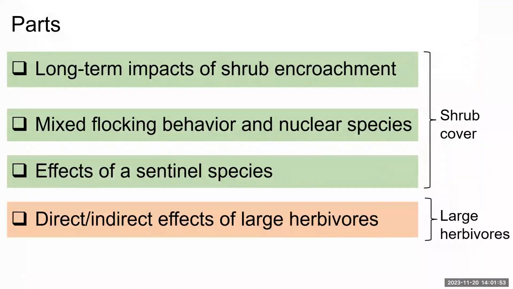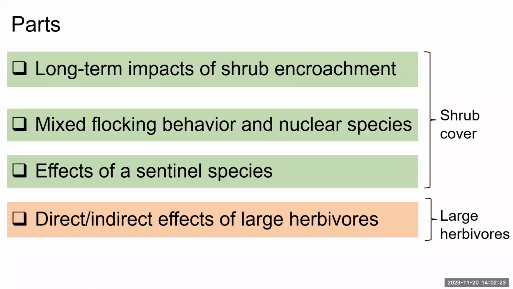Specifically, my dissertation was divided into 4 parts. In the context of shrub cover, I had 3 main objectives. First, I wanted to look at long-term impacts of shrub cover. Secondly, I was interested in interspecies associations and to figure out if certain species were important in shaping those associations.